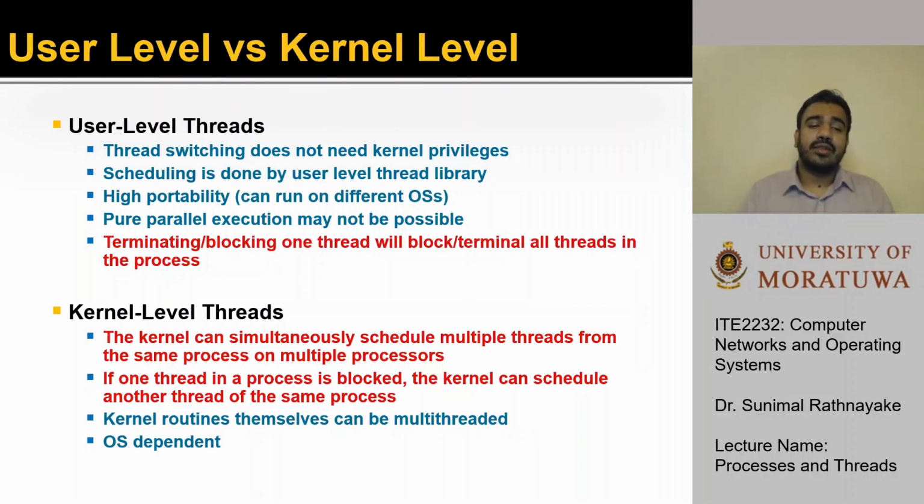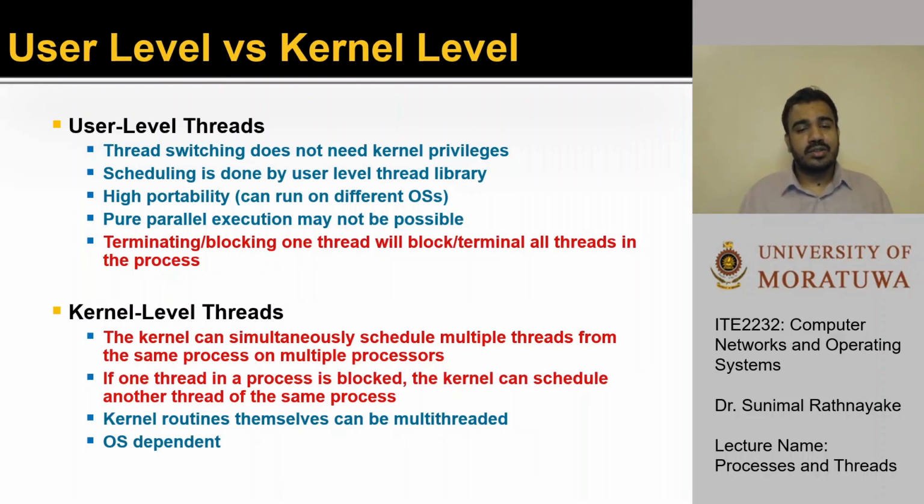When it comes to kernel level threads, the kernel can simultaneously schedule multiple threads from the same process on multiple processors, because operating systems see all the threads as individual elements, not as one process holding many small threads. So you can utilize multiprocessors.